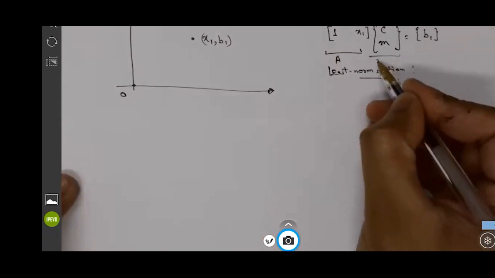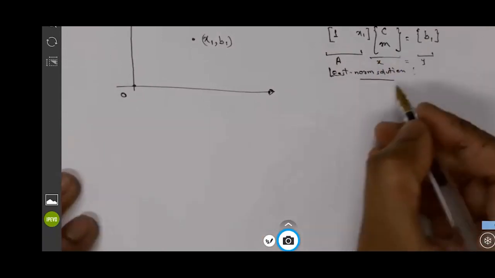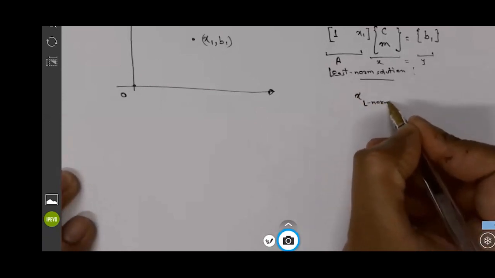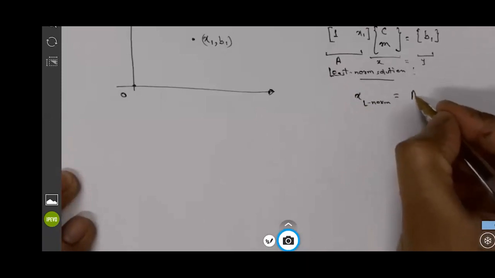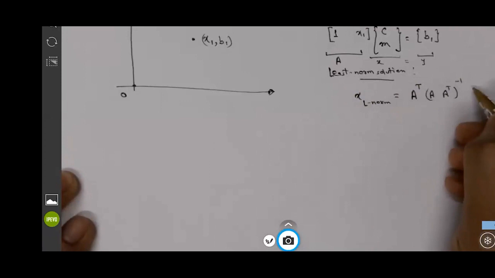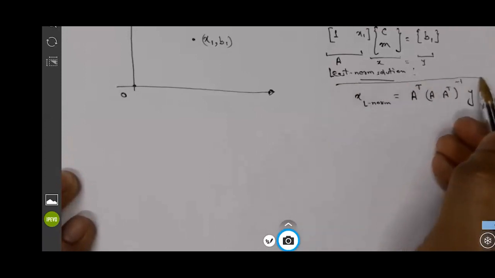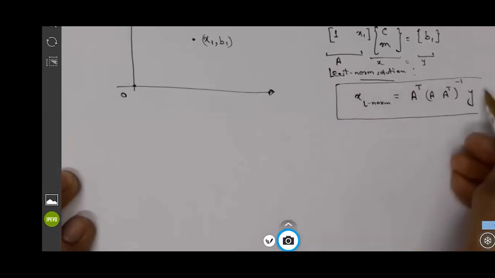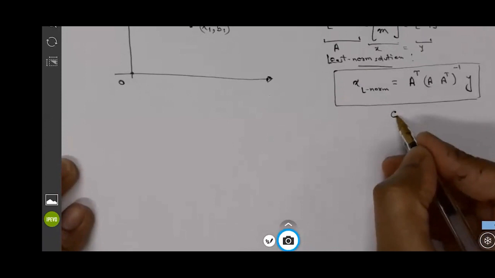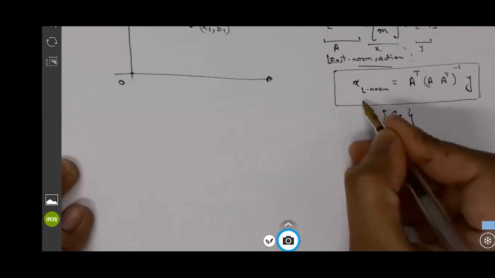This is your x vector and this is your b or y vector. So the least norm solution, x least norm, is given by A transpose, A A transpose inverse, times y. That is your least norm solution. Now this solution will give you a specific value of this unknown vector. Let's say that is C2 and M2. That's what you get out of solving that.